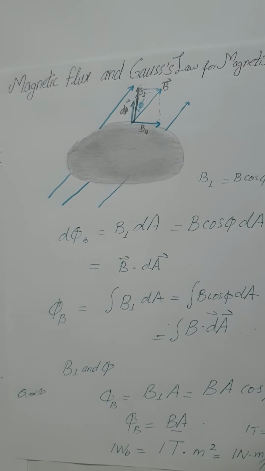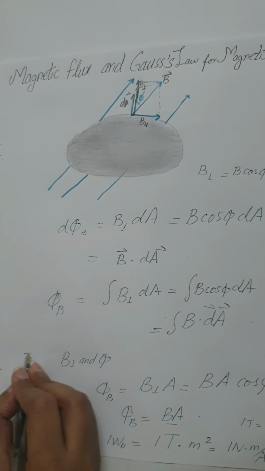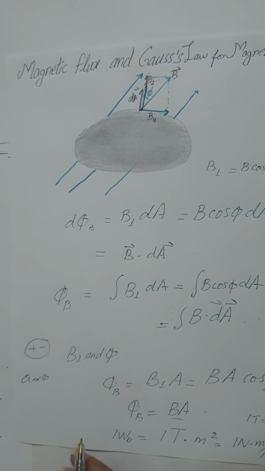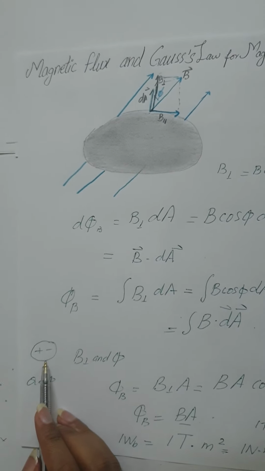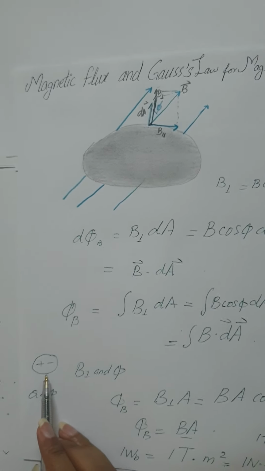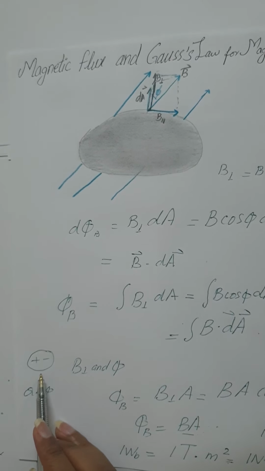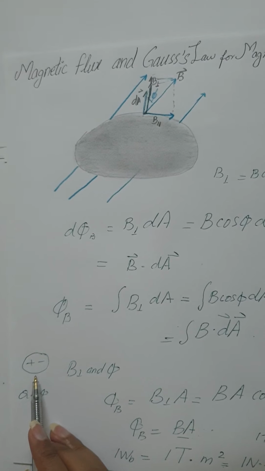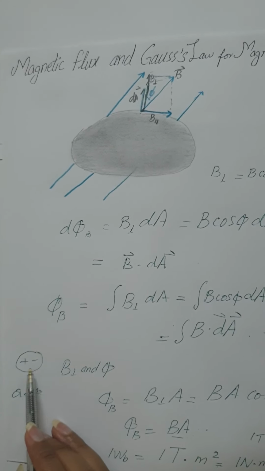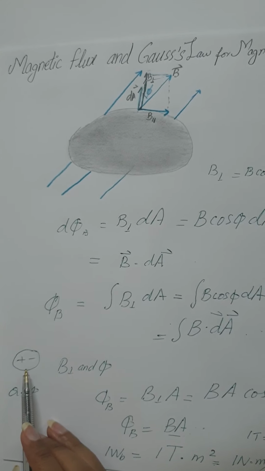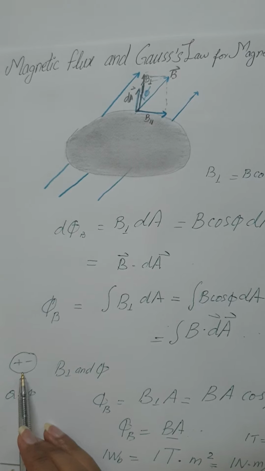If the closed surface encloses an electric dipole, then the total electric flux will be 0 because the total charge is 0. By analogy, if we apply the same thing for a magnet, then there is no such magnetic monopole or single charge here. So the total magnetic flux through a closed surface would be proportional to the total magnetic charge enclosed.